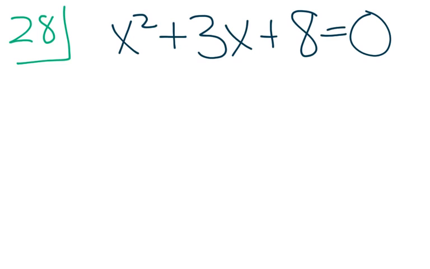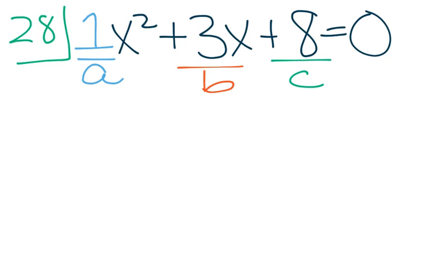Okay, 28. We have an invisible 1. That's A. 3 is B. 4 is C. So keep in mind, you never ever want to put any of the x's into the quadratic formula, because then you'll never be able to solve it.